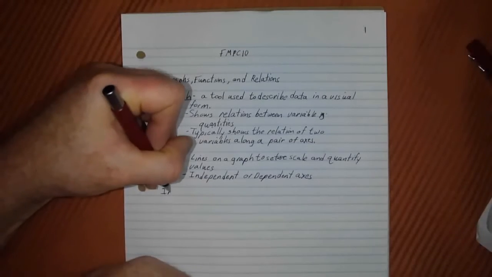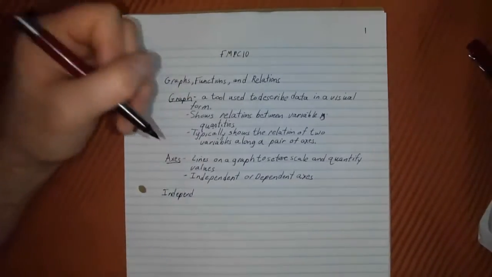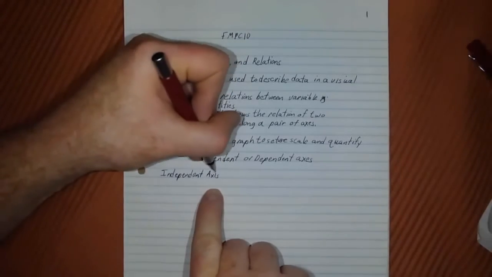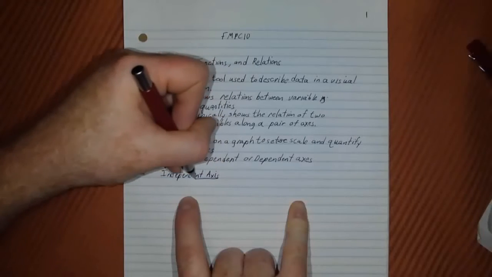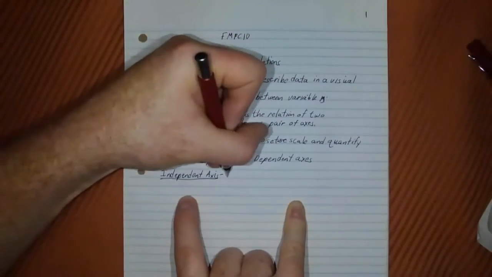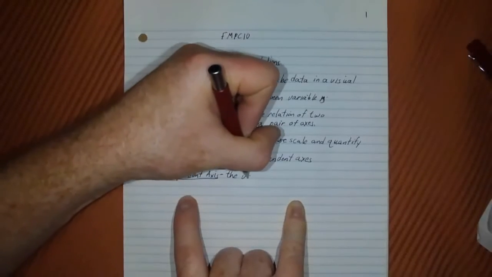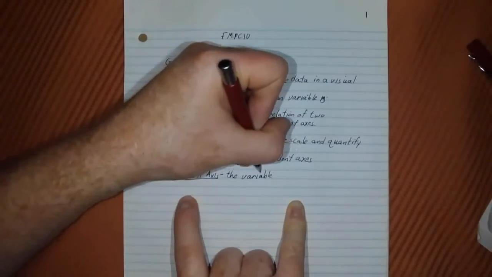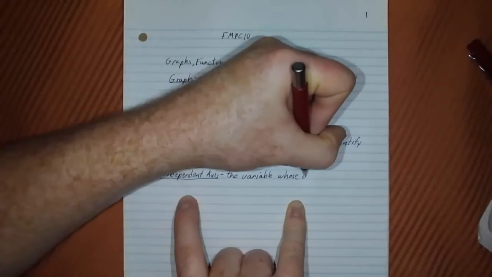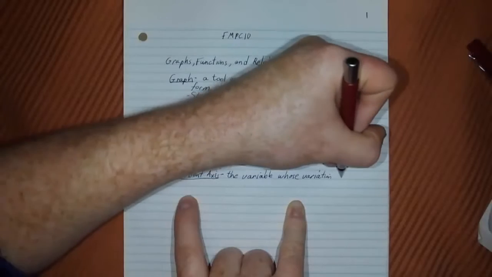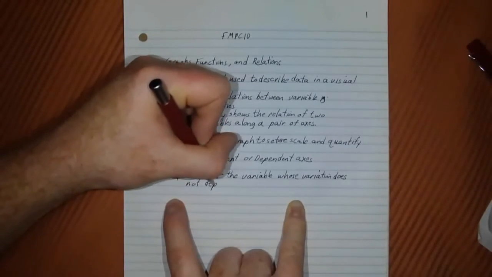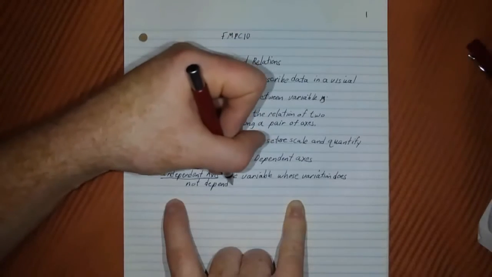So, what's an independent axis? Axis, singular, independent axis: a variable whose variation does not depend on another variable.